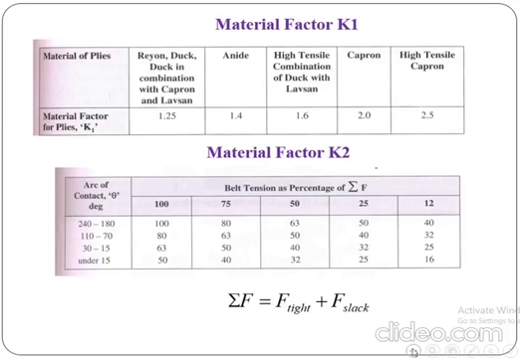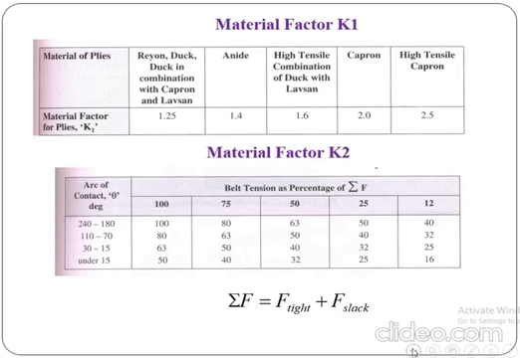K1 is the material factor. For the material of plies, suppose it is rayon duck, or duck in combination with capron or dacron, in that case that K1 has to be taken. Then there are anide, capron, and high tensile capron. So depending on the material of plies, K1 has to be selected.